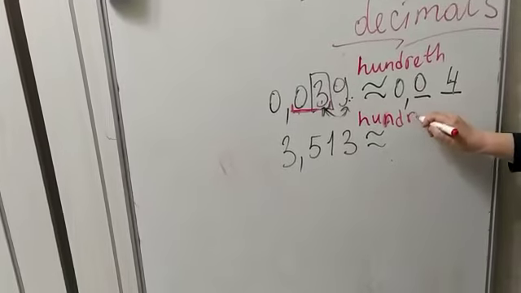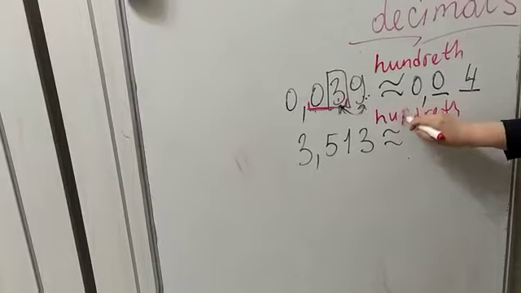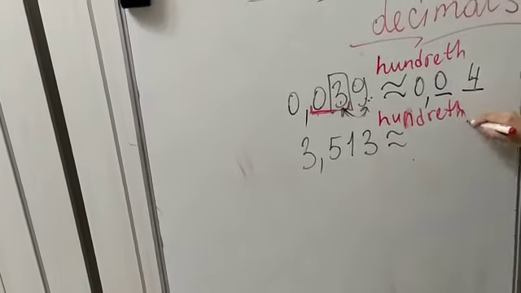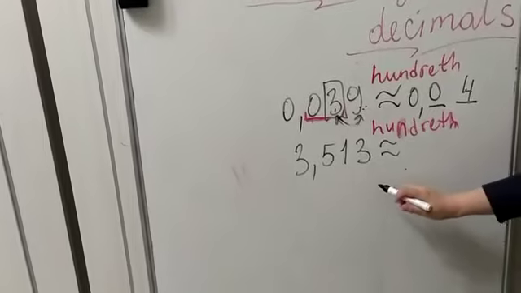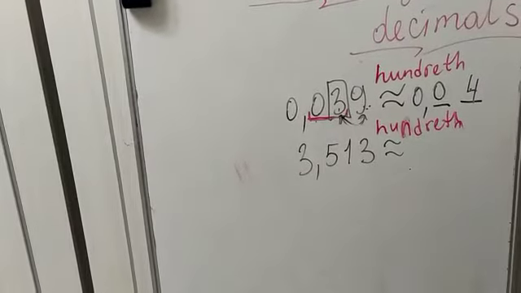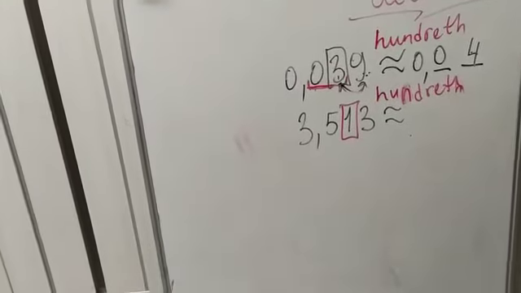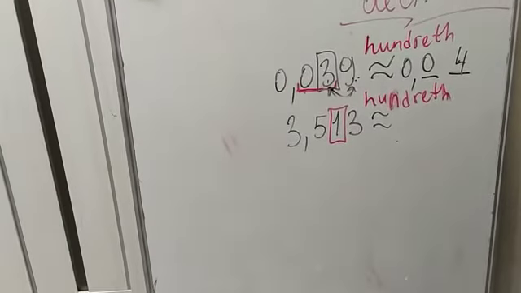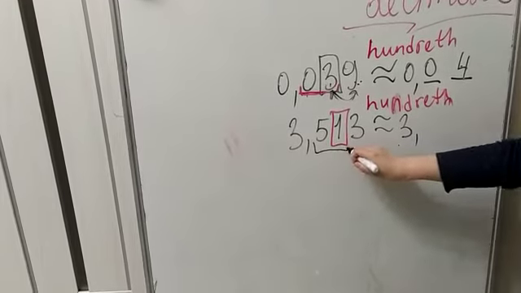First we need to understand the hundredths. It is the second number after the point, so we write 3 point and only 2 numbers after the point.